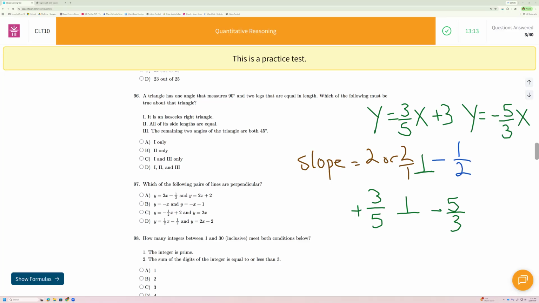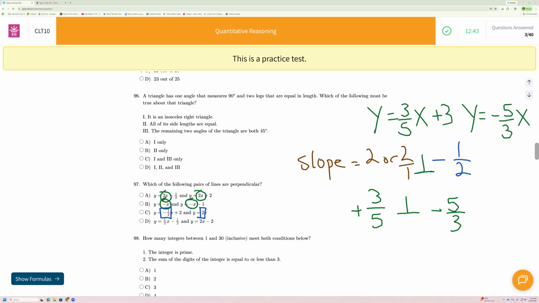Great. So I see that we have here 2's and halves. So 2x and 2x, they're parallel lines, not perpendicular. Negative x and negative x, the same. Here we have a negative 1 over 2 and a positive 2, or 2 over 1. So these are perpendicular.